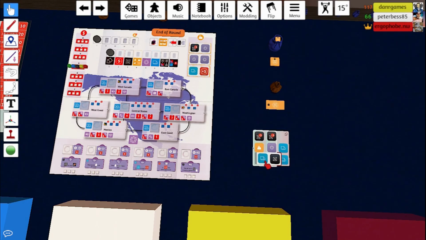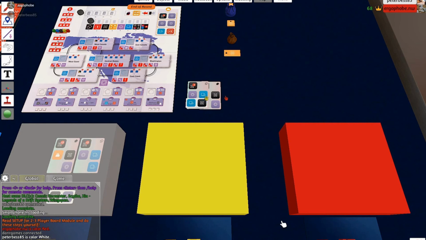But basically, the number of each symbol you have showing determines the action points you're allowed to spend towards doing that action during that phase. So that's the first thing: how are you going to lay those out, how are you going to determine what your actions are for the round.